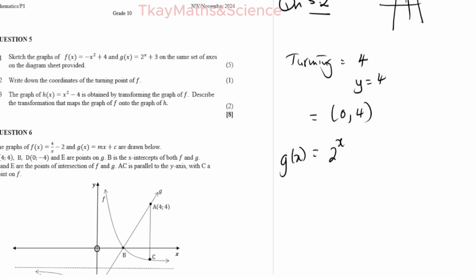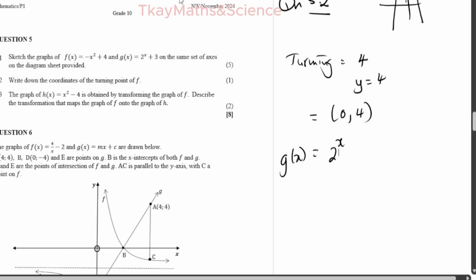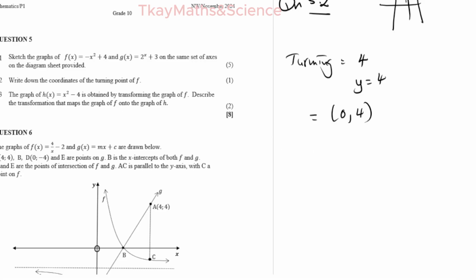We actually have a transformation from f of x, not g of x. So f of x is equal to negative x squared plus 4, but we want to transform it to h of x, which is equal to x squared minus 4.